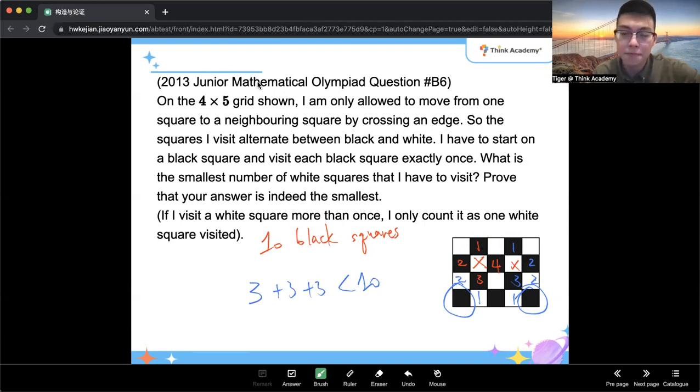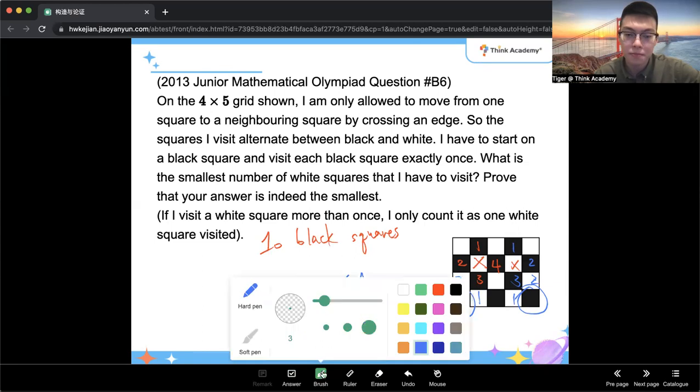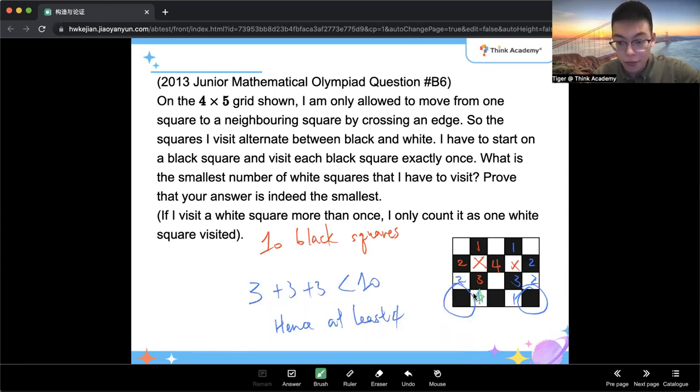Does it make sense? So you're just going to start with one of these 4 white squares to begin with our analysis.